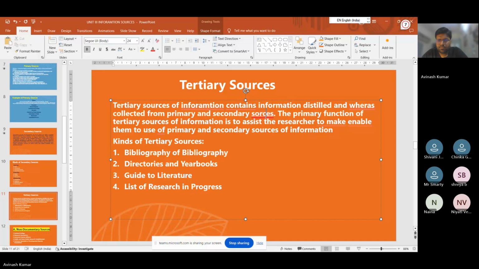It means secondary sources depend on primary sources, and tertiary sources depend on primary and secondary sources. Okay.